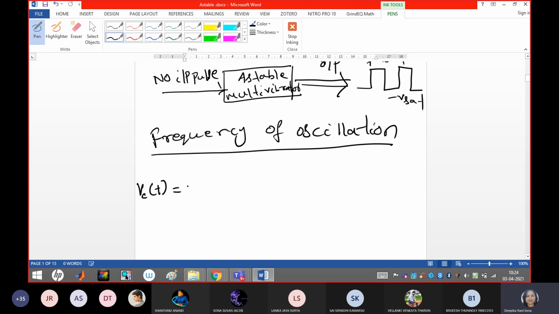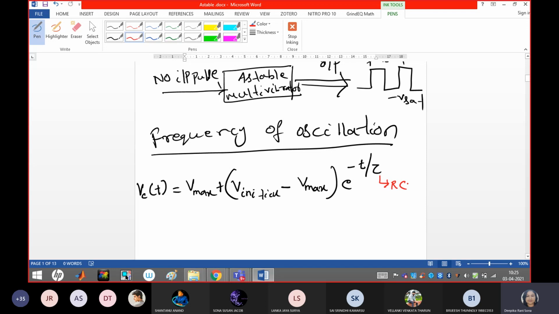Vc of t can be represented as V max plus V initial minus V max, into e to the power minus t by tau. This tau is nothing but the time constant, RC. Tau is nothing but RC.